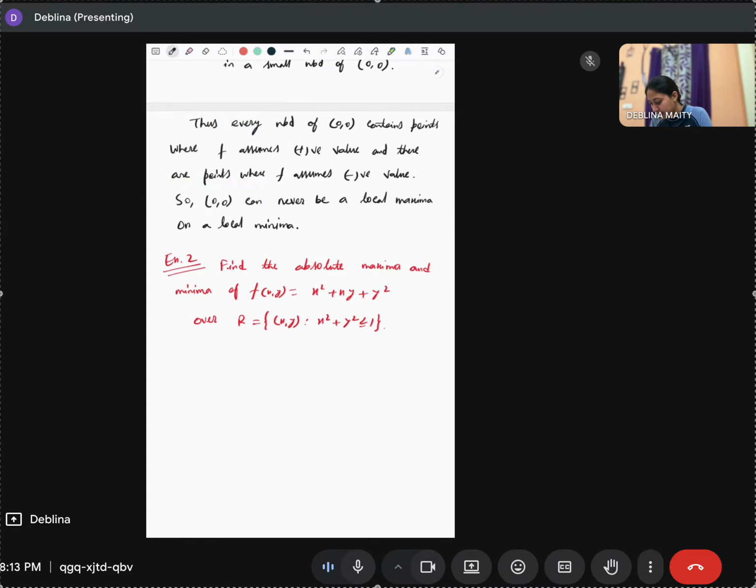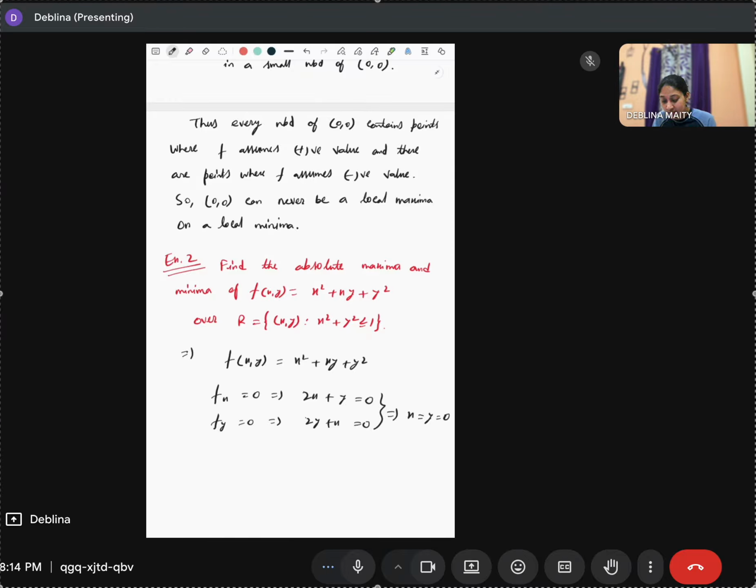So first we have to find the partial derivatives and the critical points. So fx equals to 0 will imply 2x plus y equals to 0. Fy equals to 0 will imply 2y plus x equals to 0. Now both will give x equals to y equals to 0.